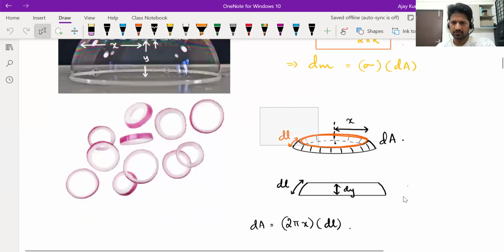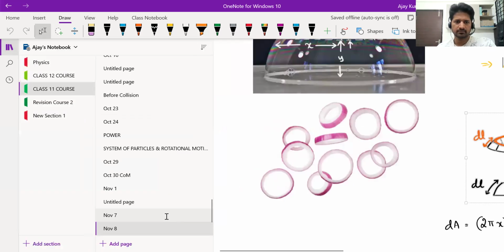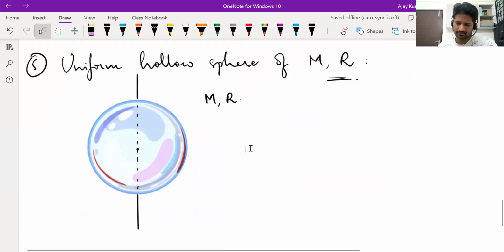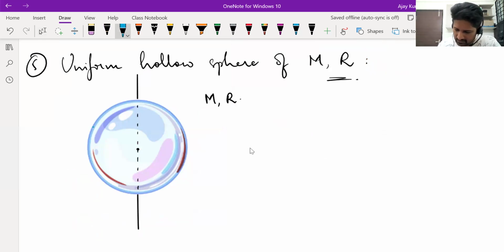So I'll just copy this. So this bubble that is there can be taken as a collection of elements like this, ring elements.